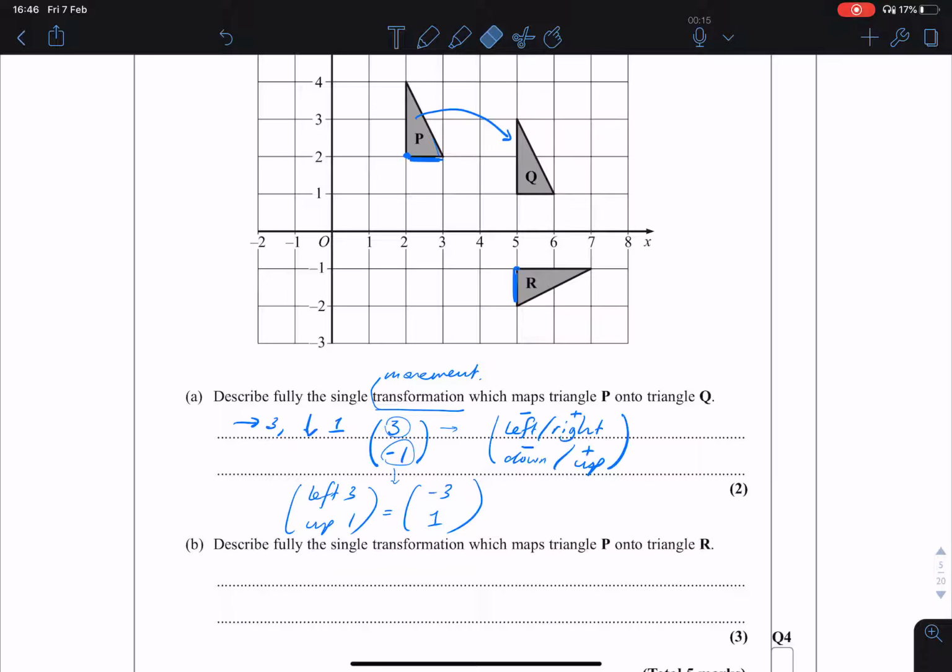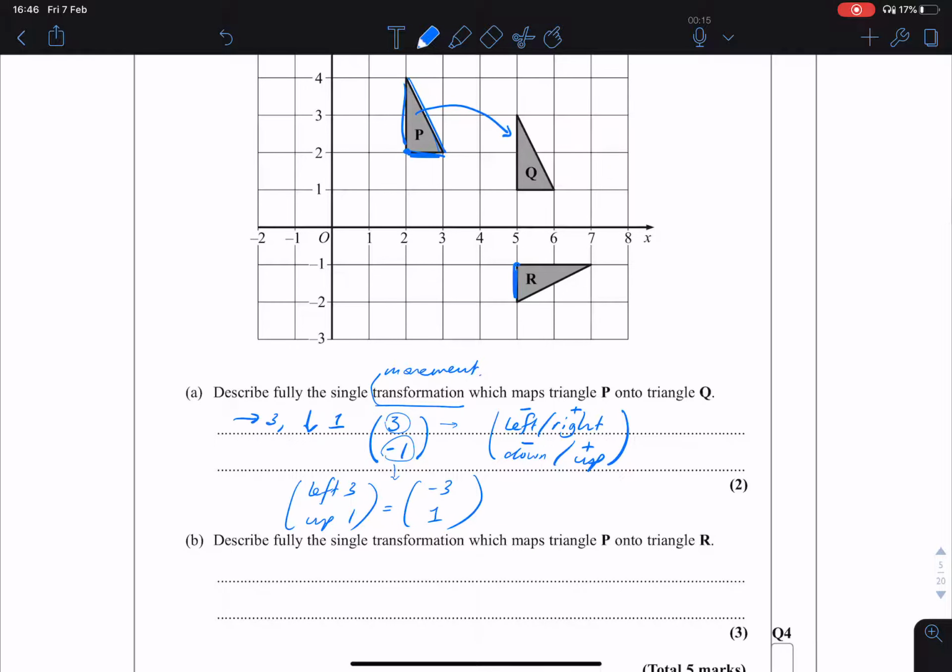And imagine if you took this triangle P right here and you kind of flipped it round once, it would go to there. Flipped it around twice, where would it go to? It would go to there.